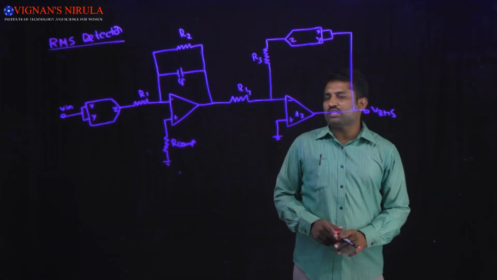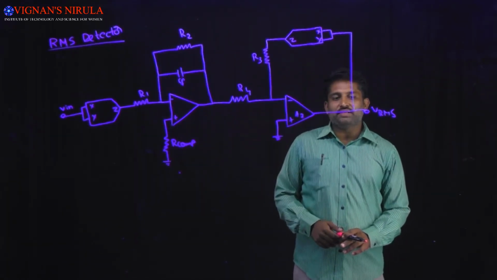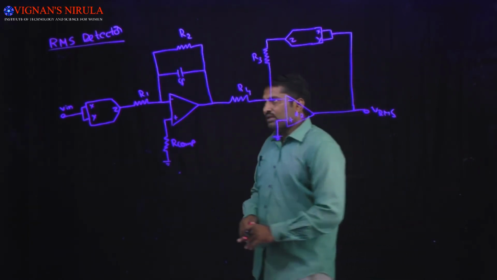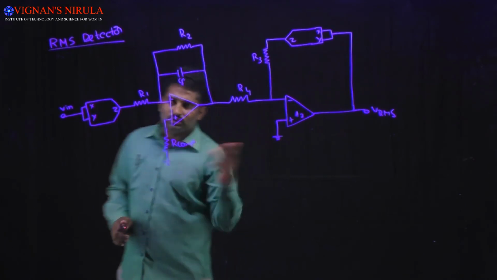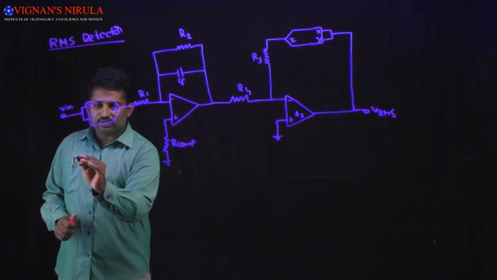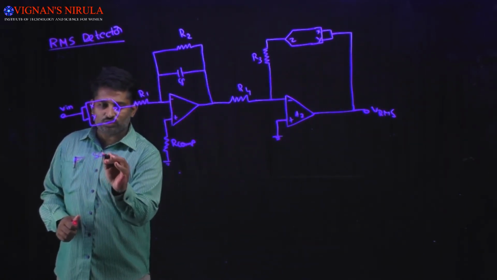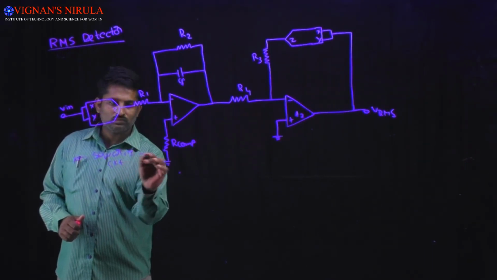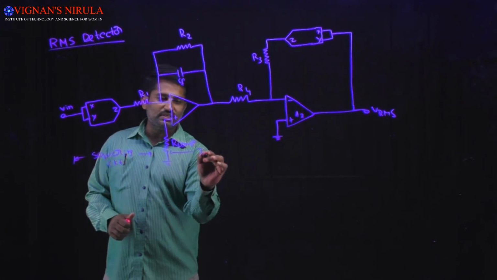Another application of the multiplier integrated circuit is the RMS detector. Here it consists of three circuits. First one is the squaring circuit, and the second one is the integrator.